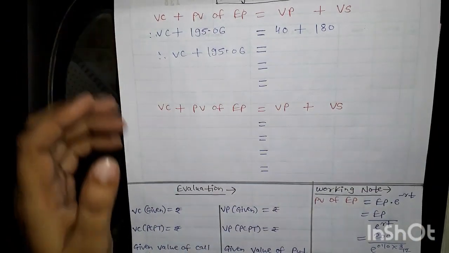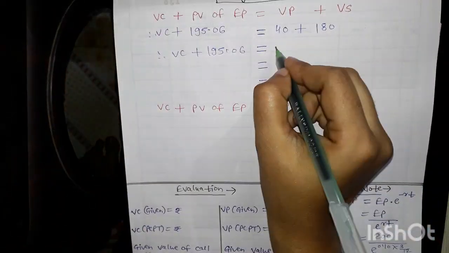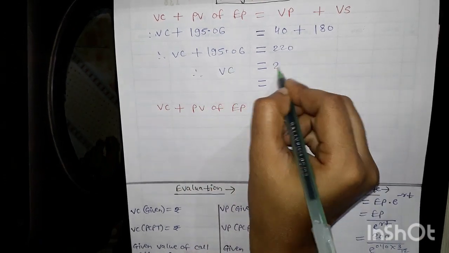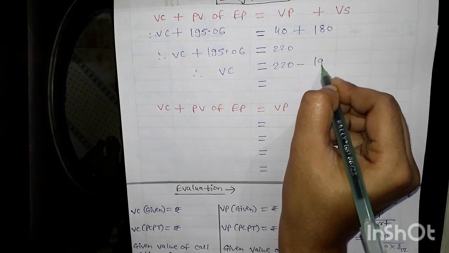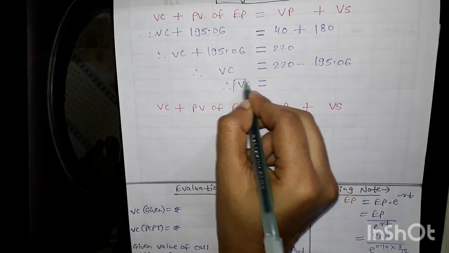So here 40 plus 180, I am getting 220. Therefore, value of a call is 220 minus 195.06.